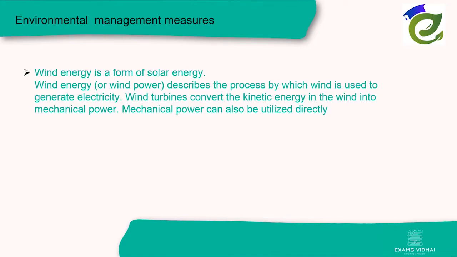The rotational movement of the blades operates the generator and electricity is produced. The energy output from each windmill is coupled together to get electricity on a commercial scale.